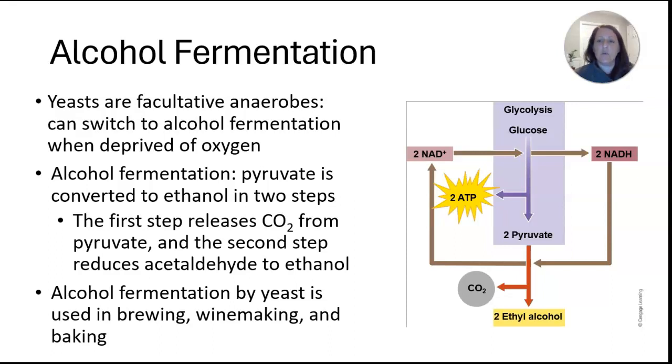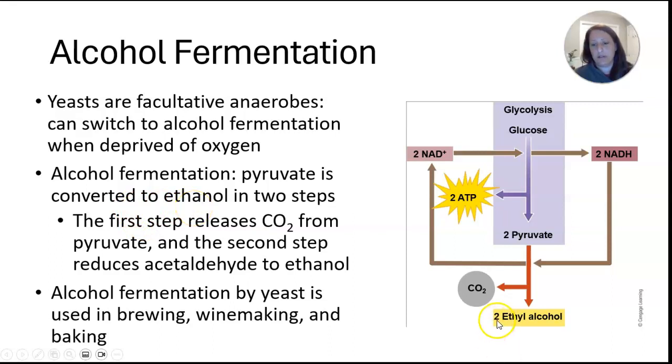Okay? And so what happens here? So again, we start with glucose, we go through glycolysis, we make 2 ATP molecules and 2 pyruvates. So that's the same that we've been seeing. What happens next is that pyruvate gets converted into ethanol.